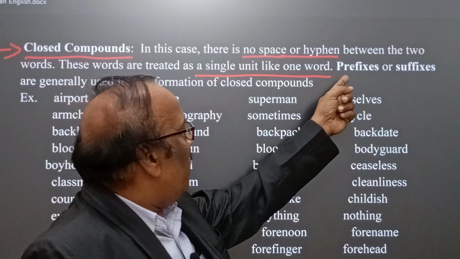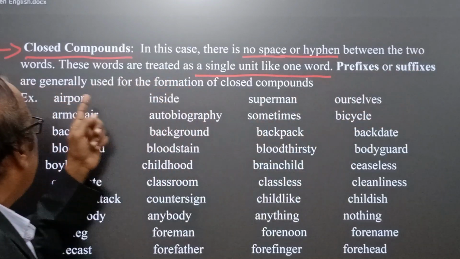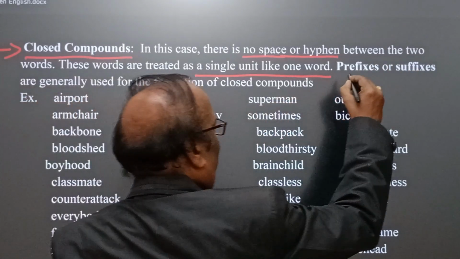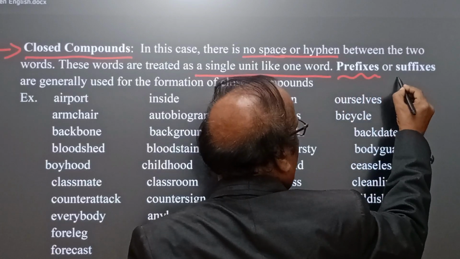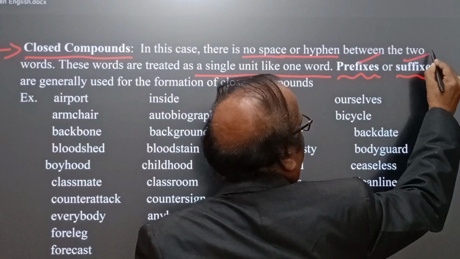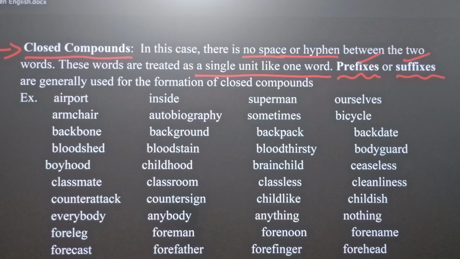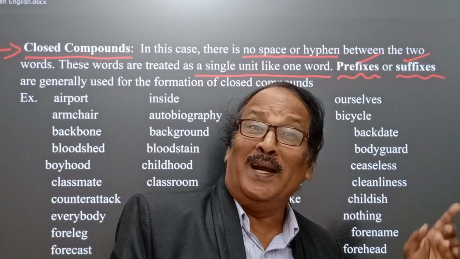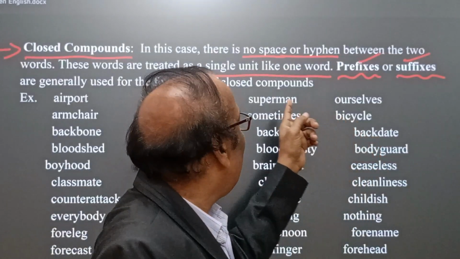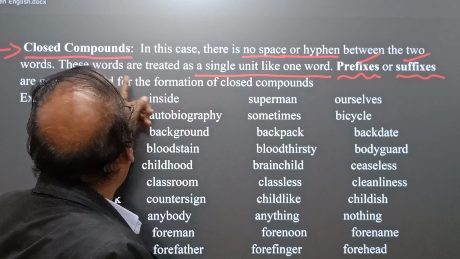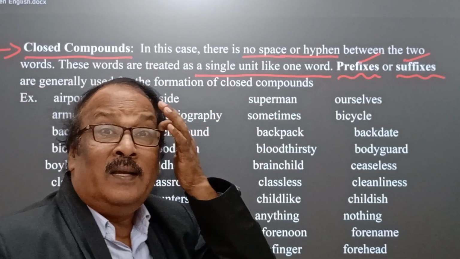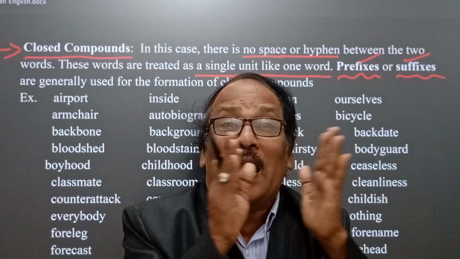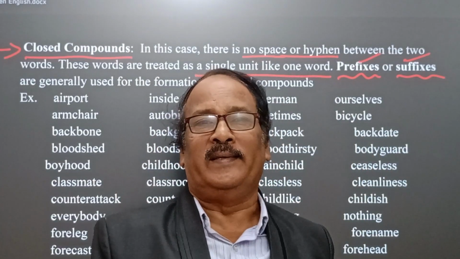Well, now come prefixes or suffixes, which are generally a very important factor. Prefixes or suffixes are generally used for the formation of closed compounds. Remember, my dear students, this is a very interesting factor, how we find a closed compound. It means there is no space or gap in between two words.